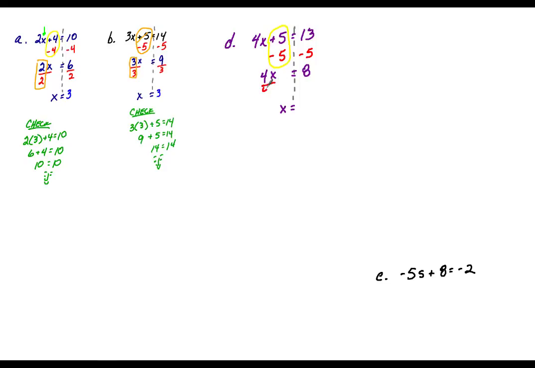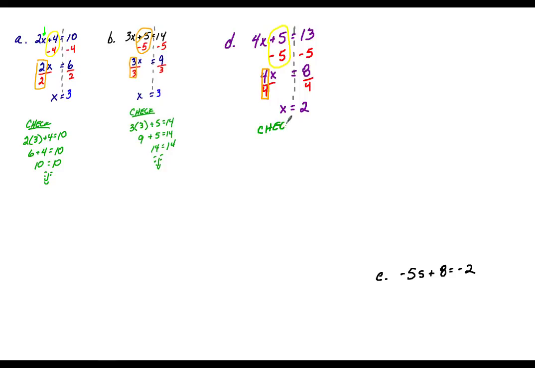I'm going to undo the multiplying by 4. 4x is 4 times x. So now I'm going to divide by 4. That's going to give me a 1 right there. So 4 divided by 4 is 1 times x is the x I want. 8 divided by 4 is 2.